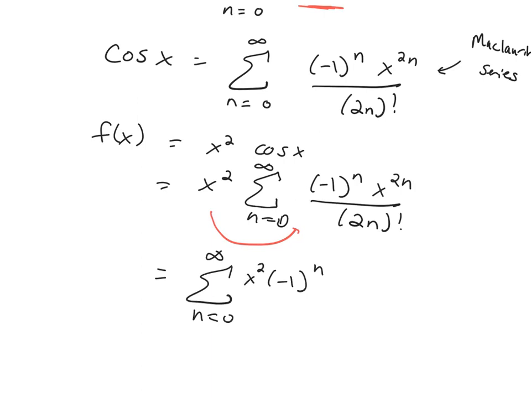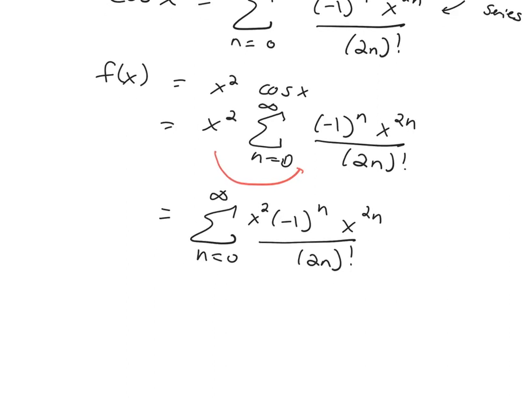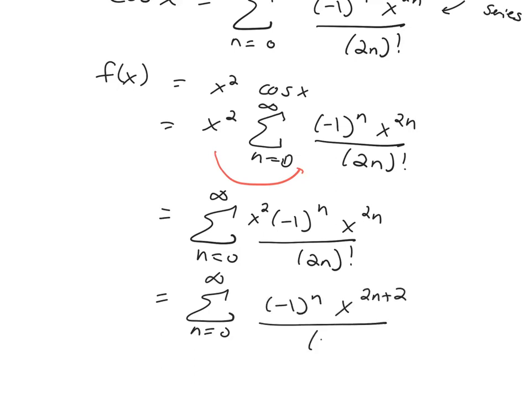So you have x squared here. And you can just combine your x terms. You add their powers together. You combine their powers together to get -1 to the n, x to the 2n plus 2 over 2n factorial. And this is your Maclaurin series.